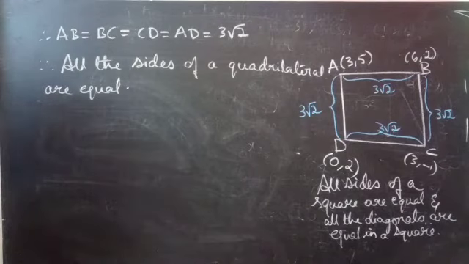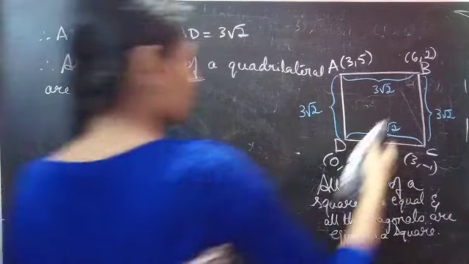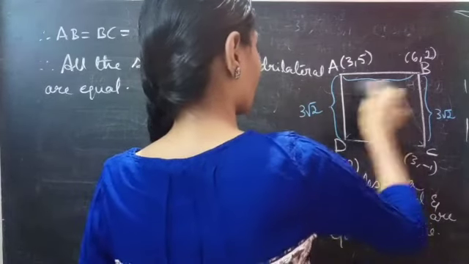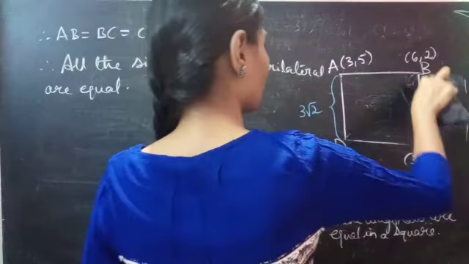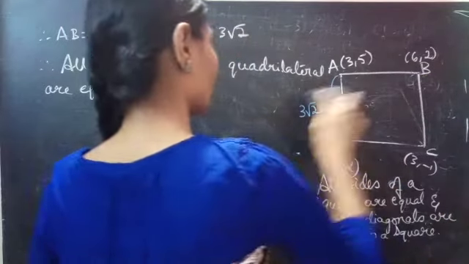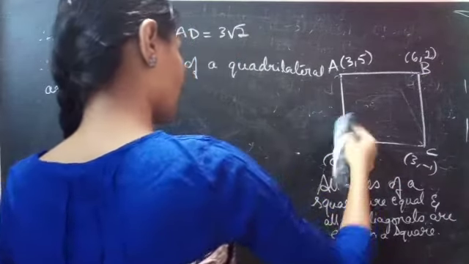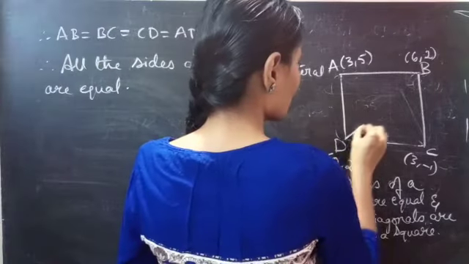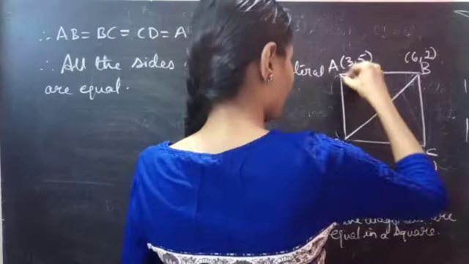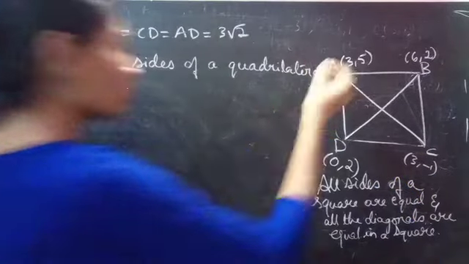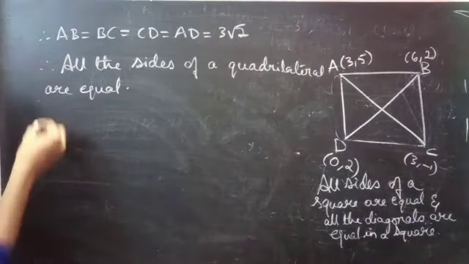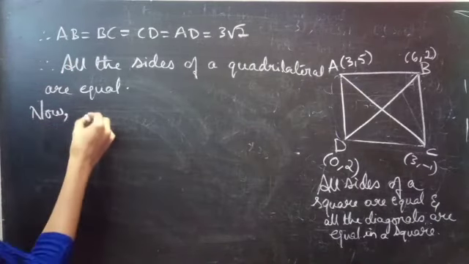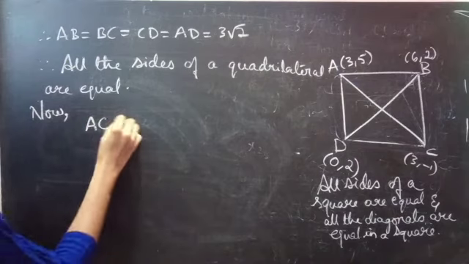So now we need to check the diagonals. For a square, the diagonals must be equal. That is, BD must be equal to AC. Now we'll find the distance AC.